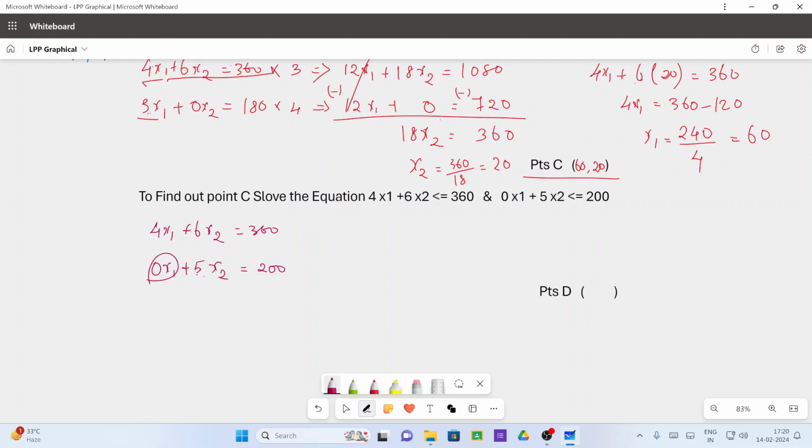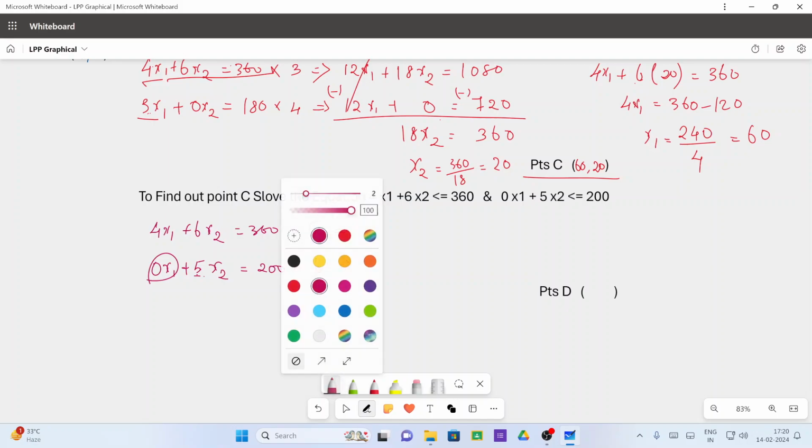So now we are doing a cross multiplication based on the value of x2. What you're going to do is multiply this equation with 5 and this equation with 6.